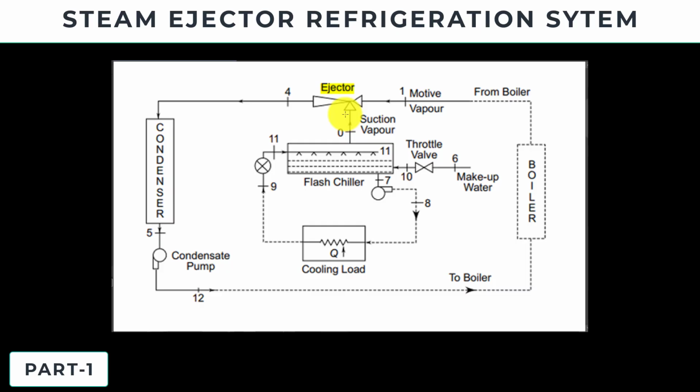The high pressure steam, which is the primary fluid coming from your boiler or other source of heat, is accelerated through the nozzle, where it entrains the low pressure refrigerant vapor, which is the secondary fluid coming from your flash chiller, thus creating a pressure drop and a cooling effect on your flash chiller.